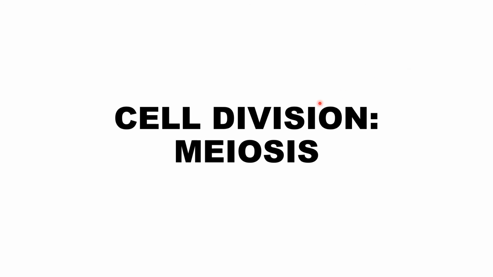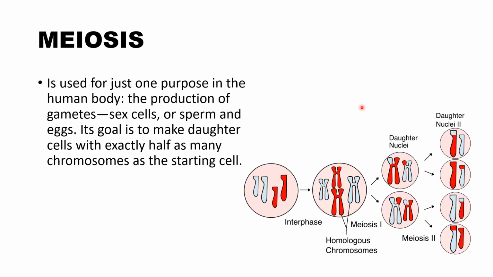So with that, let's go naman doon sa isa pa, doon sa meiosis na tinatawag. So ano nga ba yung pagkakaiba ng mitosis at saka yung meiosis na tinatawag? So in meiosis, it is used only for one purpose.